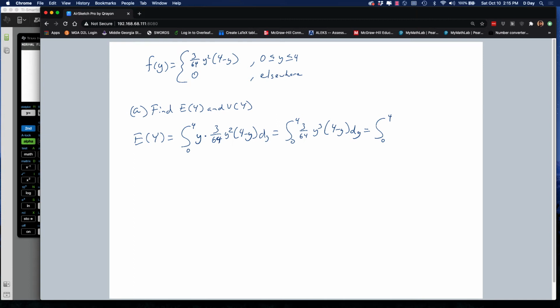Alright, so 3/64 times y cubed times 4 should be equal to 3/16 y cubed minus 3/64 y cubed times y, which gives us 3/64 y to the 4th dy.